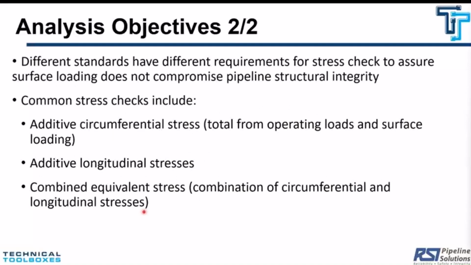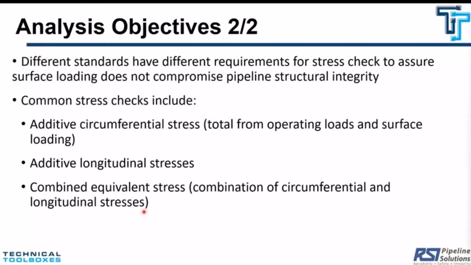So basically, the goal of a CEPA analysis is to check the stresses in the pipe and make sure that the structural integrity of the pipeline will not be compromised due to the extra load from the vehicles that cross the pipeline.